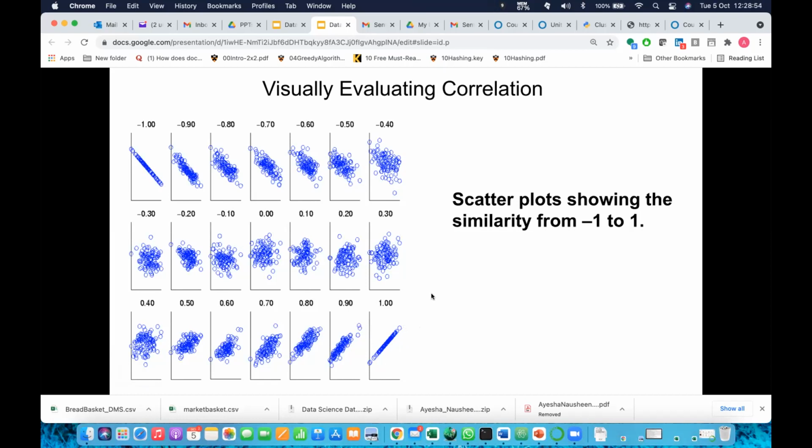So correlation value is always between -1 and 1. It is saying how much they vary with respect to one another. If one is increasing, the other is also increasing, with the same ratio, then correlation will become 1. If one is increasing but the other is decreasing, but not in the same ratio, then the value changes between -1 and 1.